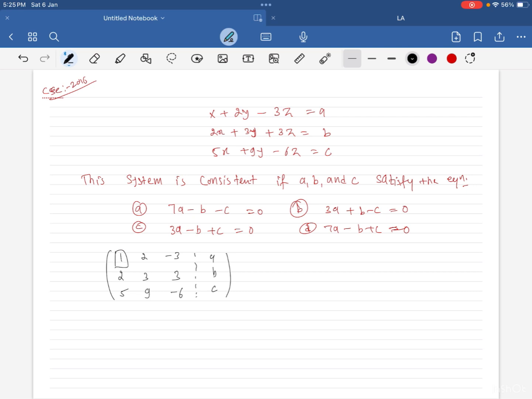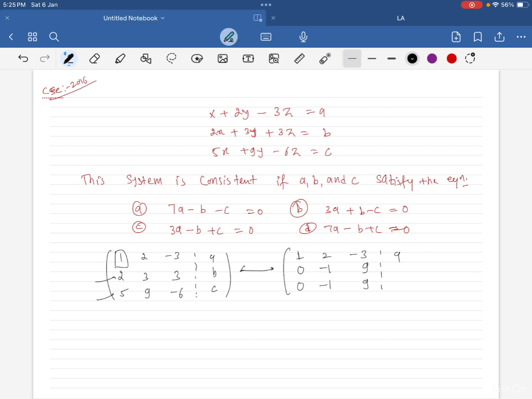Now let's take this as a pivot and apply the elimination. Try to eliminate these two. So we will have first 2, and here we will have 0, and here we will have 3 minus 4, that is minus 1. Here we will have 3 plus 6, that is 9, and here we will have 0, and here we will have 9 minus 10, that is minus 1, and minus 6 plus 15, that would be 9.